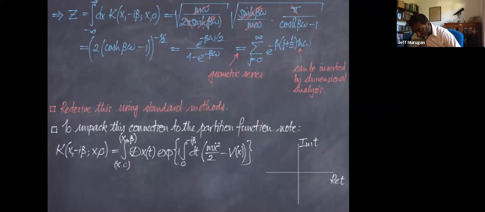My integral goes from 0 to minus i beta. So the integration now runs along the negative imaginary time axis, and we can do this integral over a real time variable by analytically continuing.